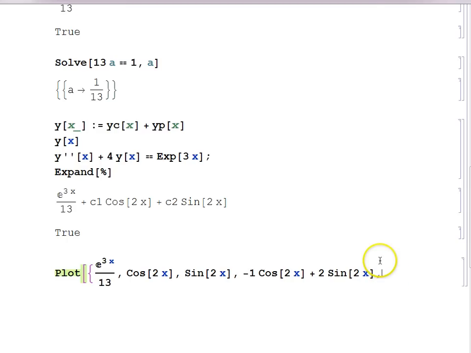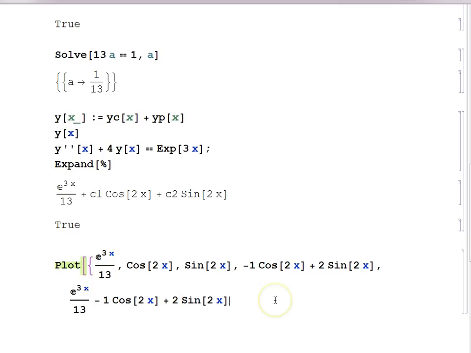And then you could try what a general solution to this thing looks like. Let's see what all these look like and see if we can spot them as they come out. So x can go from, let's say, -3 to 3.